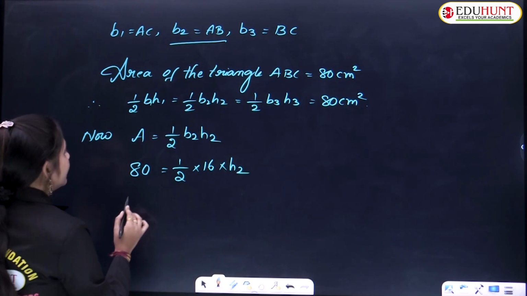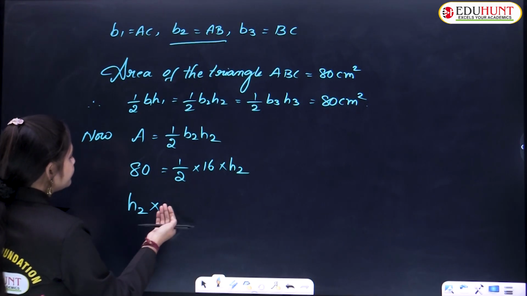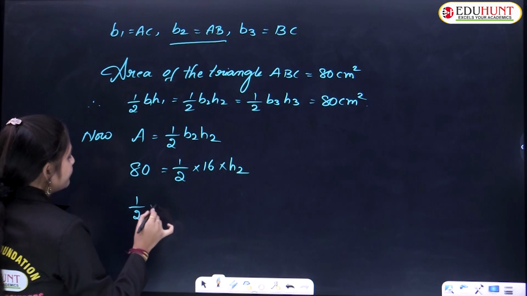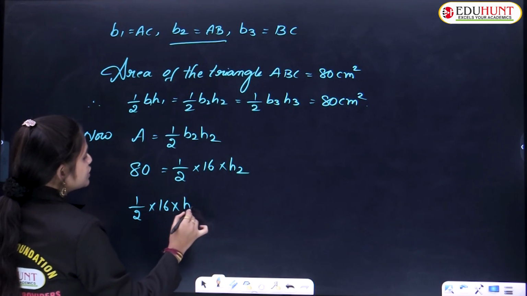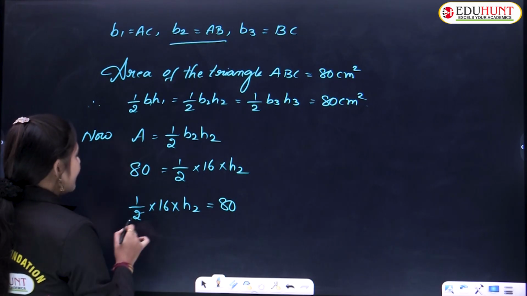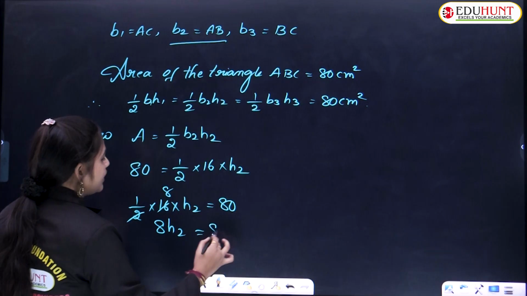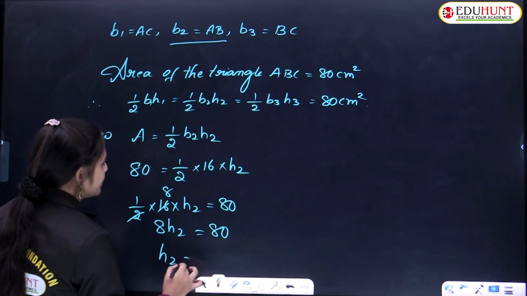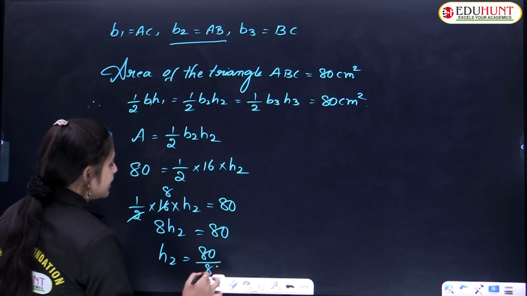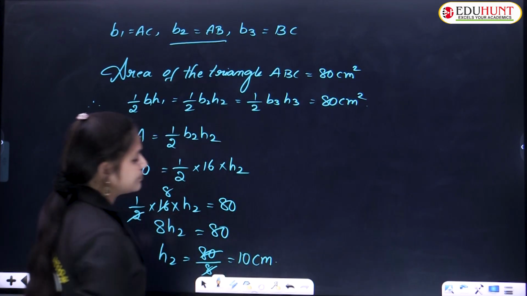Just write in reverse order: half into 16 into H2 is equal to 80. We can write in this manner also. Now 2 eights are 16, so 8 H2 is equal to 80. Now H2 is equal to 80 by 8. 8 tens are 80, so 10 centimeters.